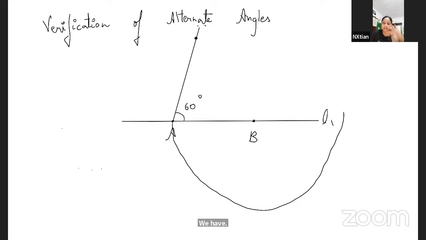Reverse the protractor, turn it like this, and then put it. So your 60 will come somewhere here on the protractor. Mark that point. Put a dot there where the 60 line is going.